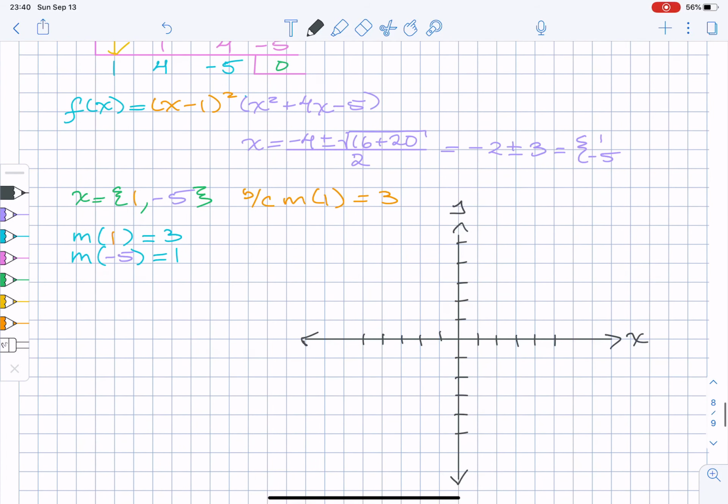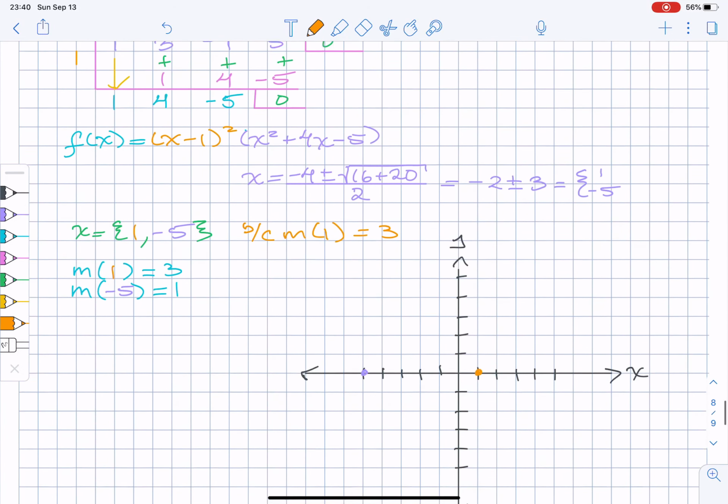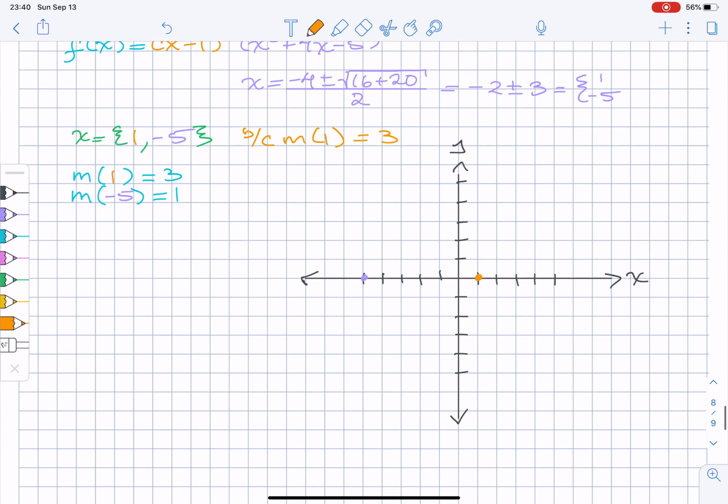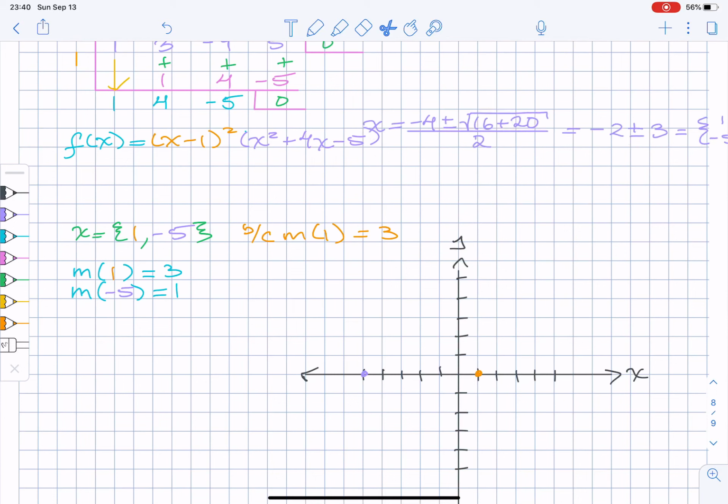They were negative 5 for x and 1 of multiplicity 3, because I had 3 of them, right? So let me reiterate what that means. Let's put this off to the side here.